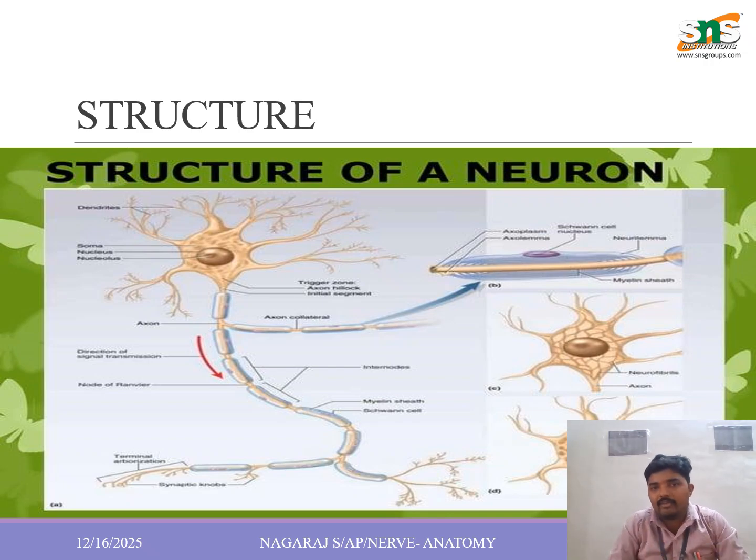Then the structure. In the neuron structure, first is the cell body, which contains the cytoplasm, the mitochondria, and the nucleus, at the center. Small external branches are present, called dendrites.